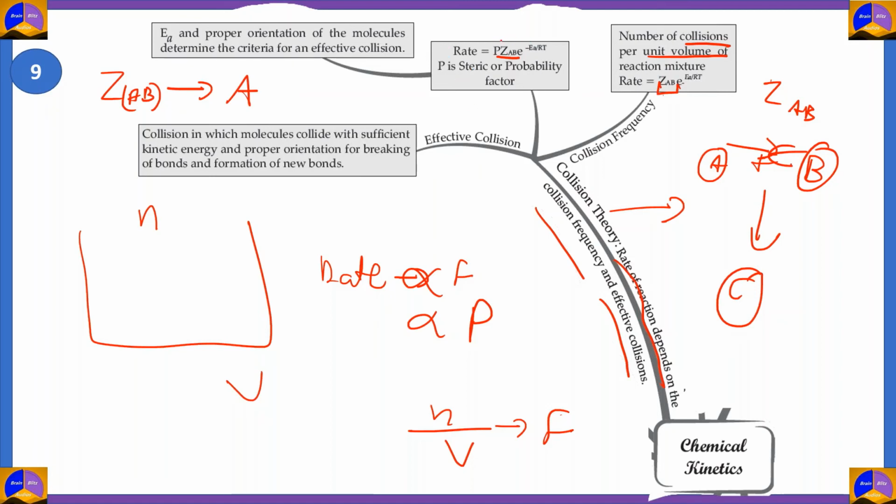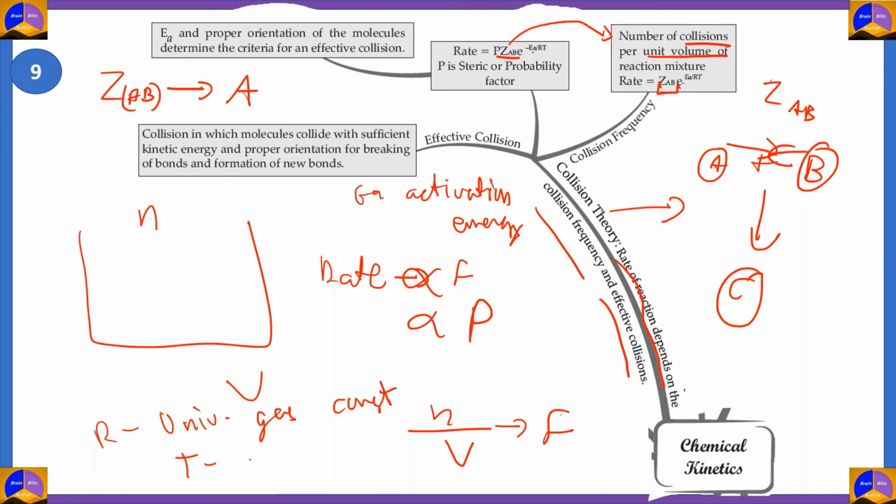So over here, ZAB represents the frequency, EA represents activation energy, R represents universal gas constant, T represents temperature of the reaction, and the P represents the steric or probability factor.